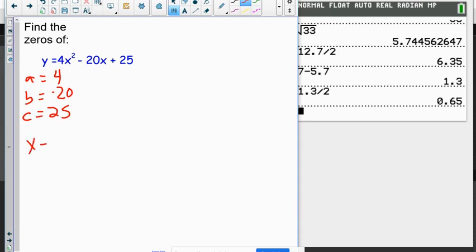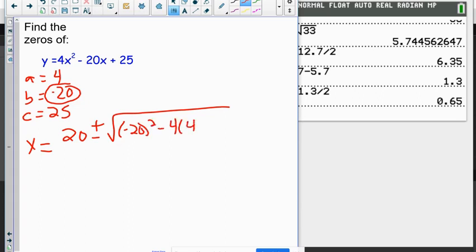So to get x, we're going to do the opposite of b. Since b is negative 20, I'm going to write positive 20, plus or minus the square root of b squared minus 4 times a times c, all over 2 times a.